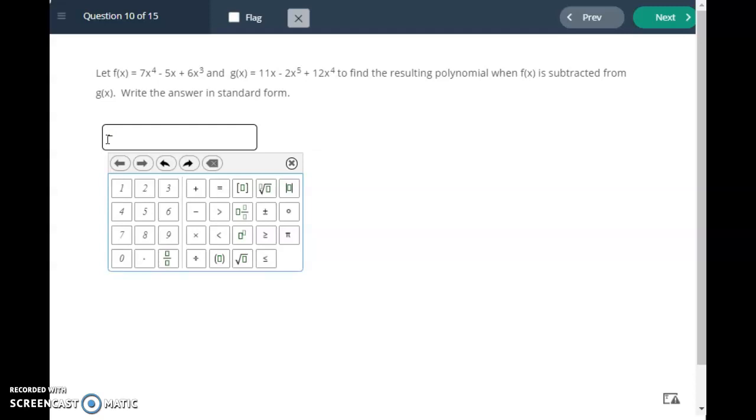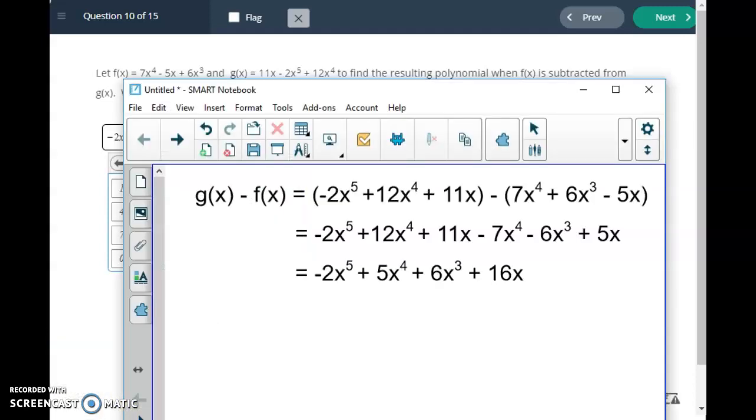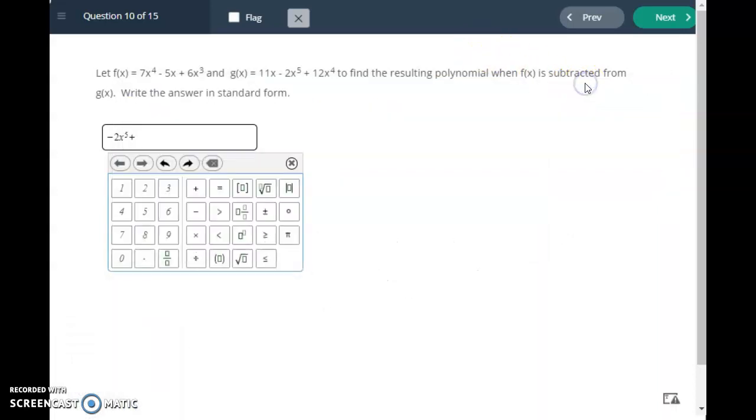So we had negative 2x to the 5th, plus 5x to the 4th, plus 6x cubed plus 16x.